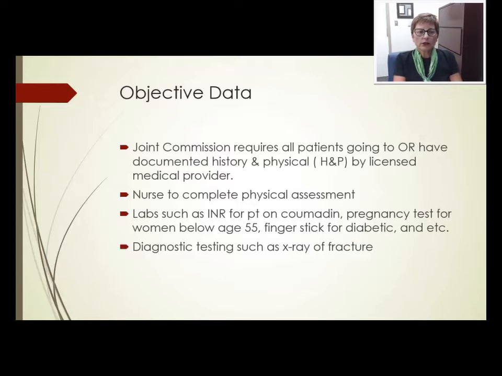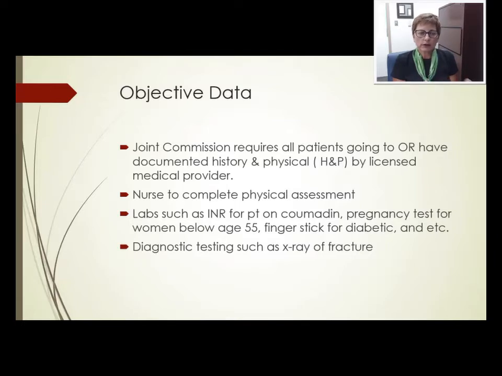Objective data, the Joint Commission requires all patients going to the OR to have a documented history and physical by a licensed medical provider. It can be from a nurse practitioner or a PA. A nurse will complete a physical assessment, and labs will be required depending on how old the patient is. If it's a woman, they may need a pregnancy test.